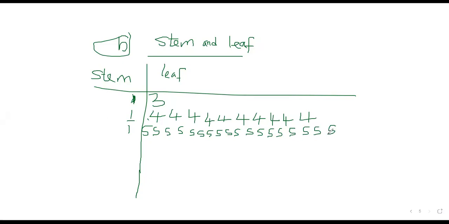Then 16, there were 5. 17, there were 4, after rounding off those ones. And 18, there were 5. 19, there were 2.